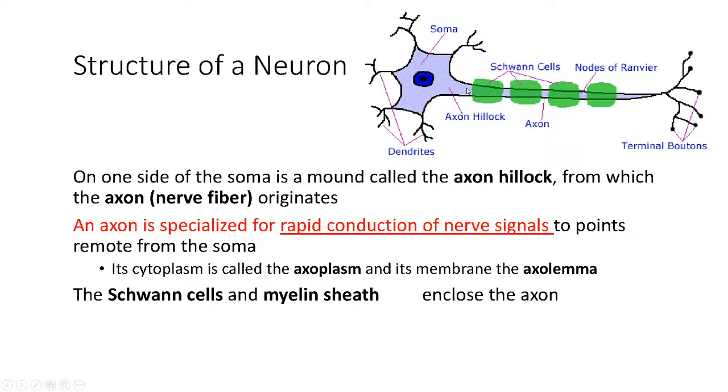As we said in the example of the neurons that innervate the pronator teres muscle in the forearm, that can be a distance of 1.5 feet, 2 feet. If you're one of these U of L basketball players, probably 2.5 feet. Right? Big wingspan.